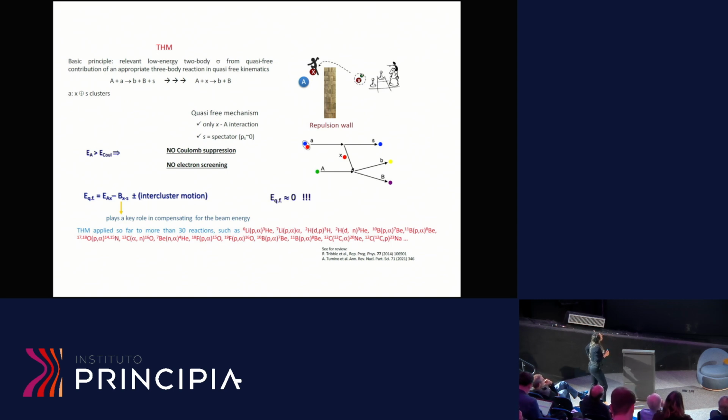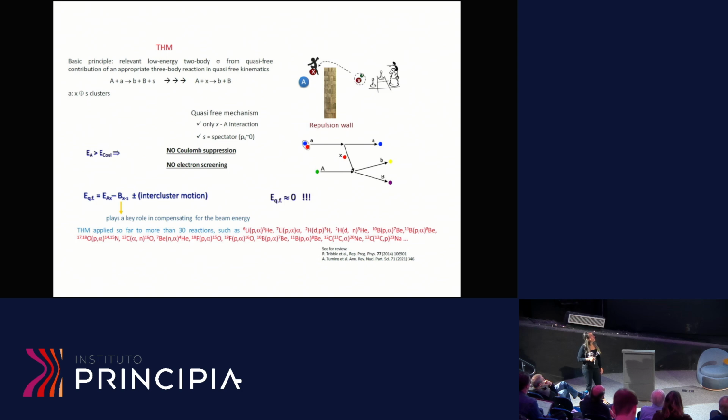And so the trick is that you use an interaction energy between these two particles which is above the Coulomb barrier in the entrance channel. So you're using this small a nucleus, which is our Trojan horse, in order to bring X already in the nuclear field of capital A. So you're just making this X nucleus able to overcome the repulsion wall.